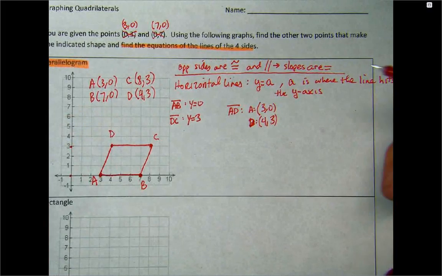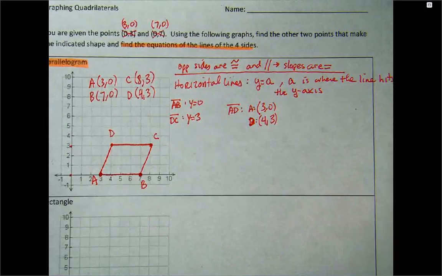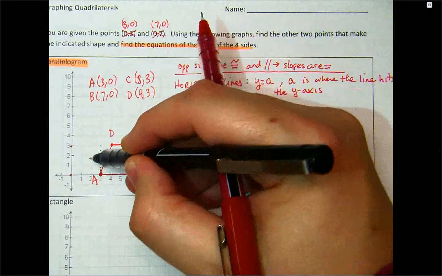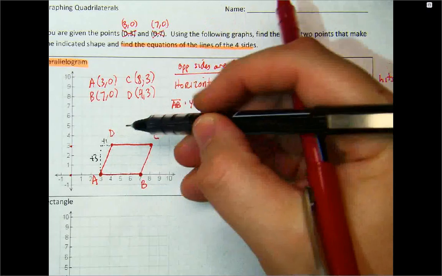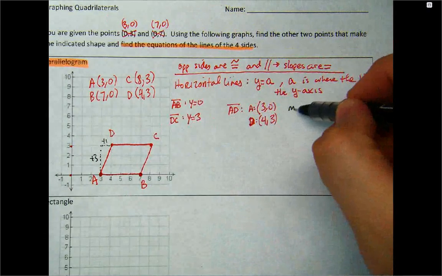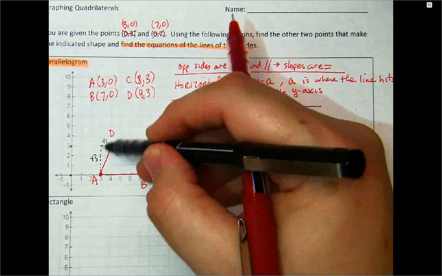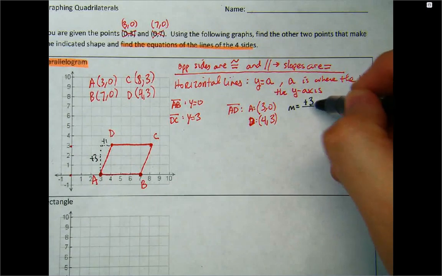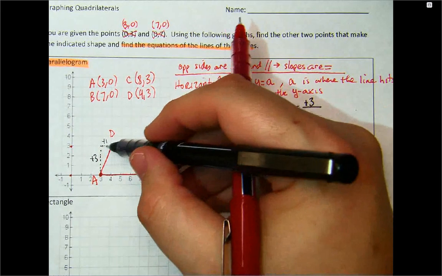Now, what's the slope? That's a plus 3, that's a plus 1. So my slope, what's my change in y? It's plus 3. My change in x is plus 1.